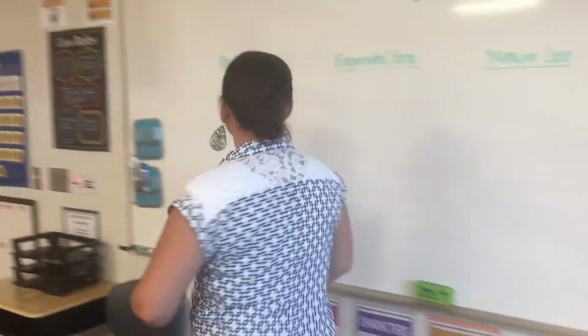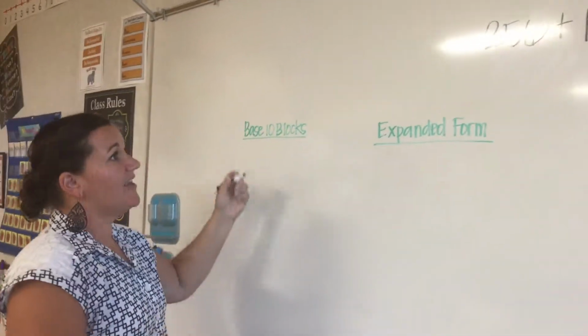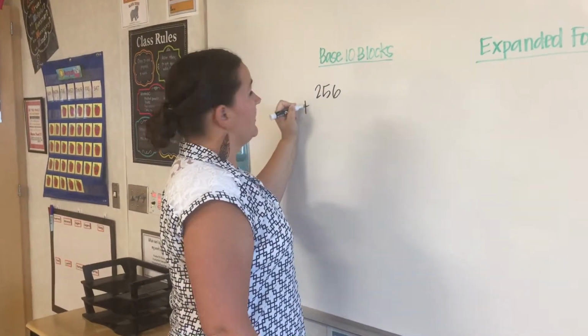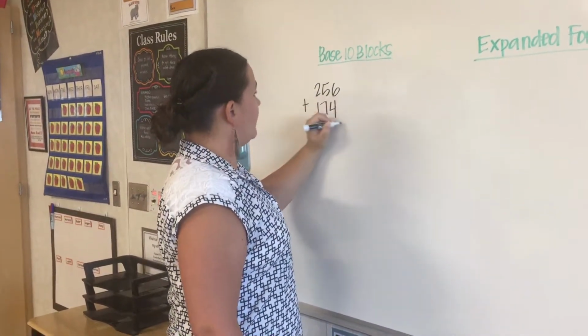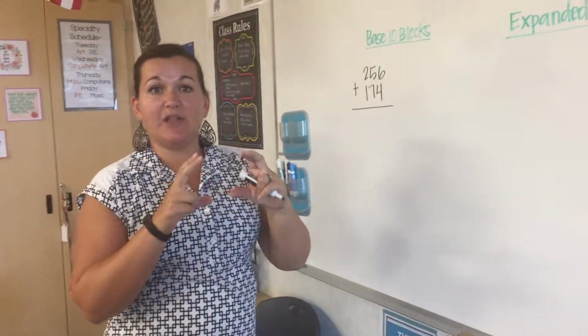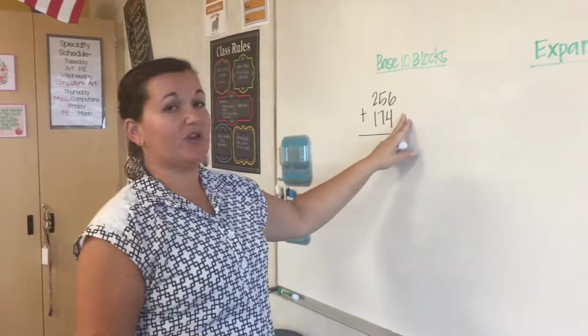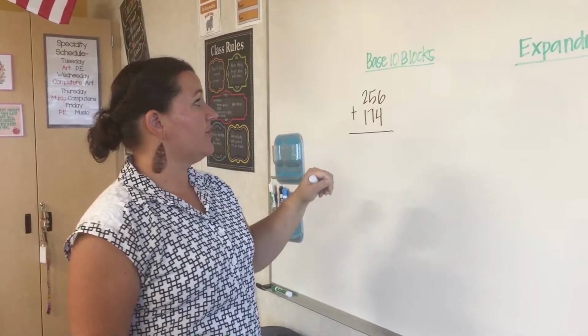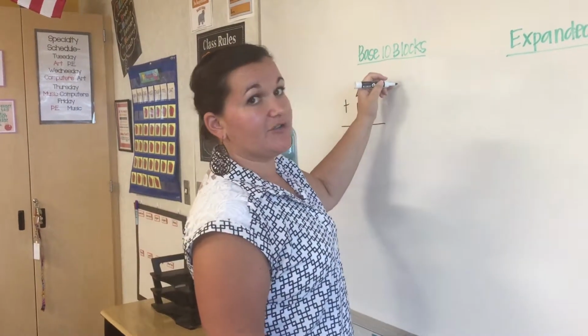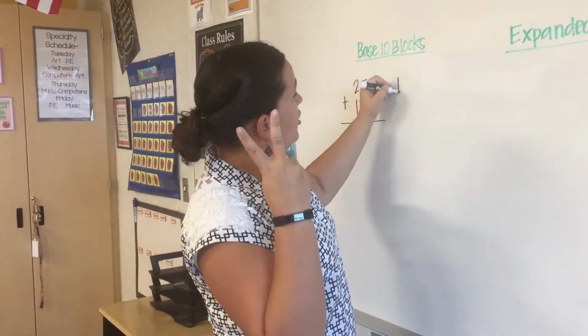Here we go. Base 10 blocks. Our equation today is 256 plus 174. Again, you can use the physical manipulative blocks if you need to. I'm just going to draw a picture here today and show you what that would look like. So I need to draw how many hundreds? 2.